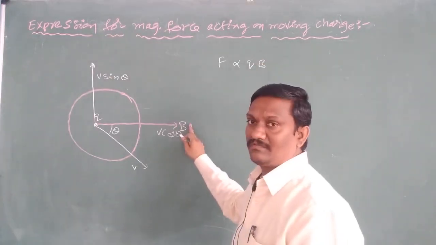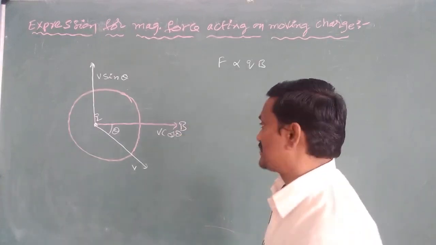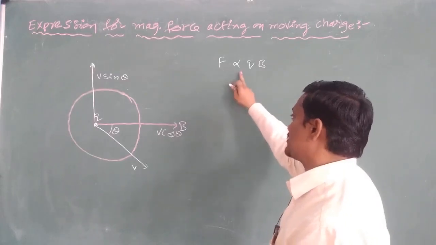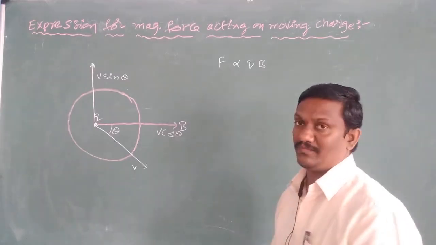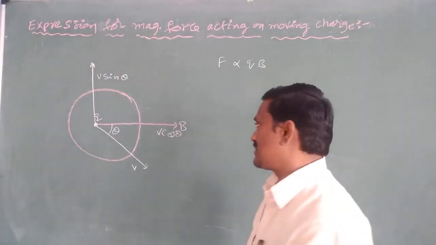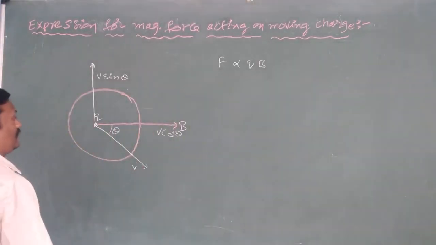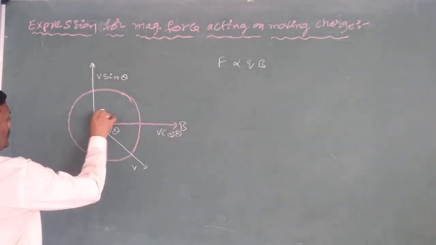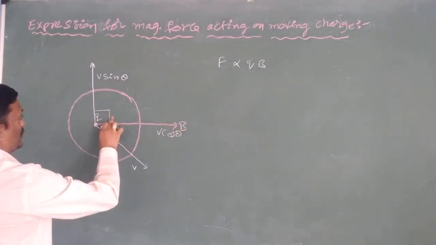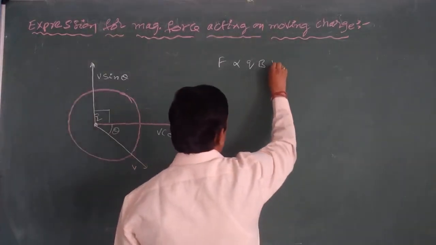If the strength of the field is more, it exerts more force; if less, it exerts less force. The force also depends on one more point, the velocity component, either v cos theta or v sin theta. The force acting on the moving charge always lies perpendicular to the field direction, so the relevant component of velocity is v sin theta.